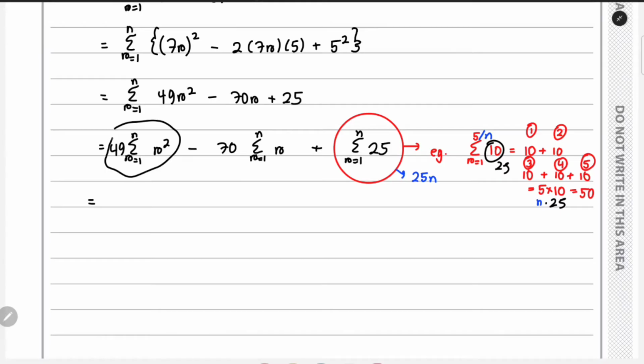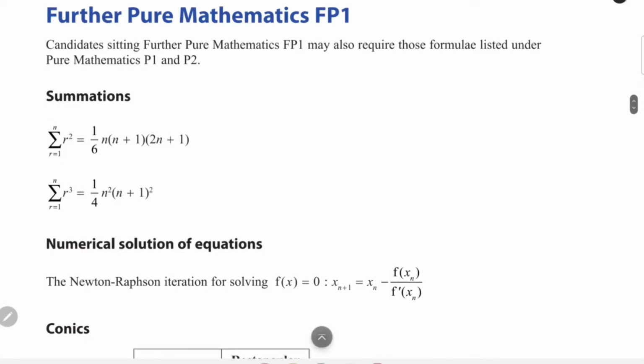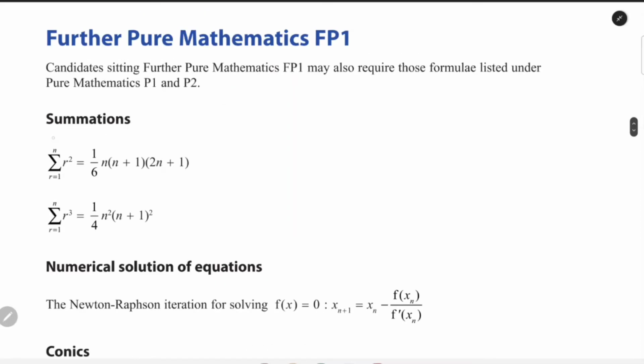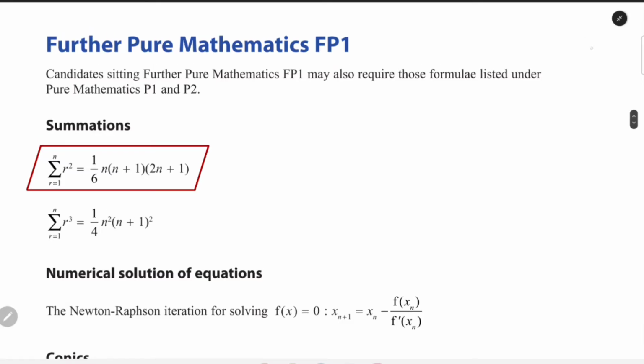The other ones, you have to use the data booklet. Here is the summation of r squared, and for the summation of r, this is basically an arithmetic series.